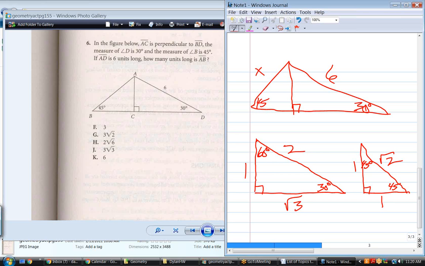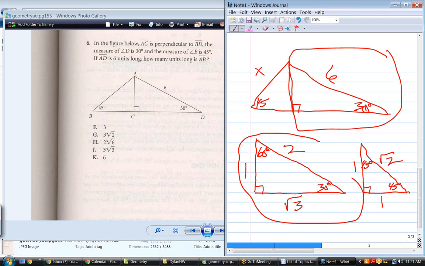Similarity ratio going to be? Here's the big triangle, here's the little triangle. They are similar because you've already deduced that they have the same three angles. This is 30, 60, 90.